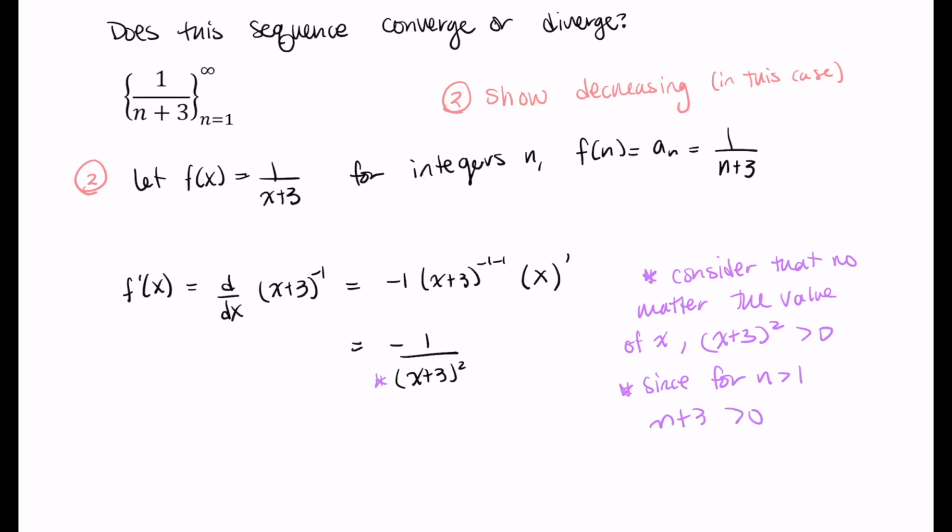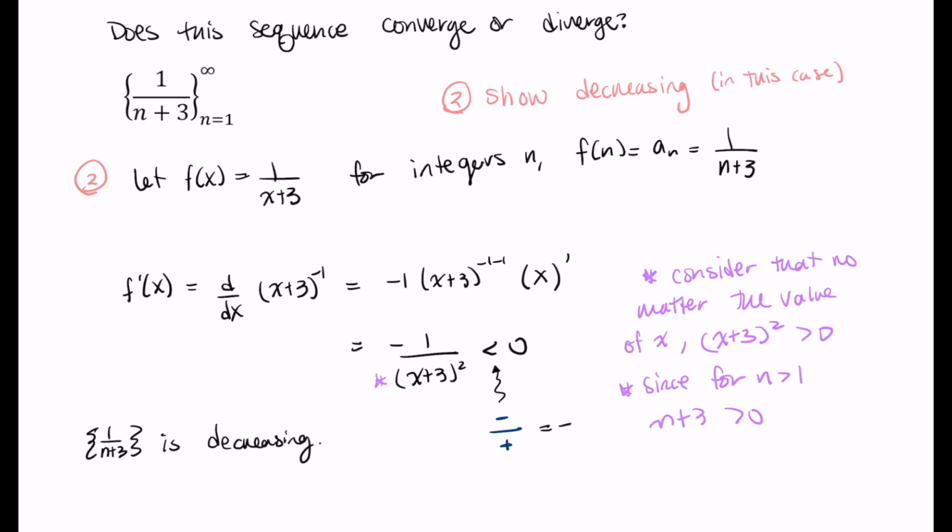So we're always going to be positive. Okay, so clearly if I'm going to have something positive in the denominator of something negative, I'm going to get something that's always negative, and that's here. So this is less than 0. All right, so clearly the sequence is decreasing.